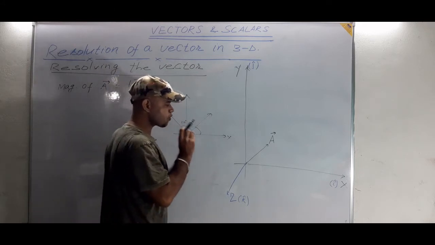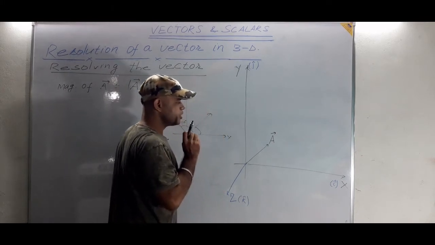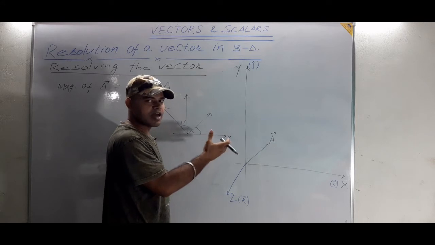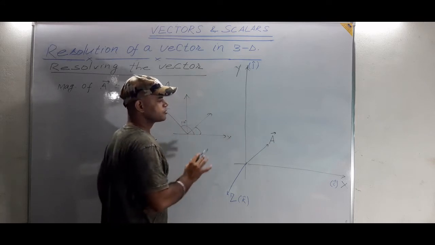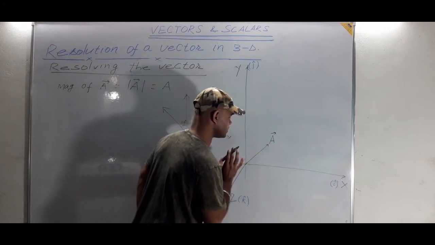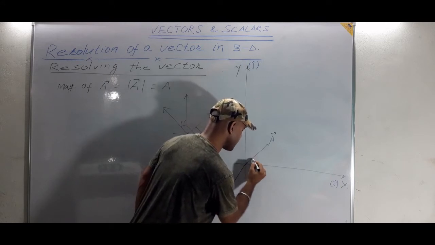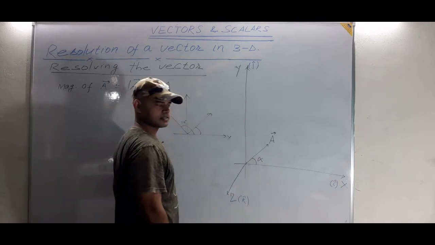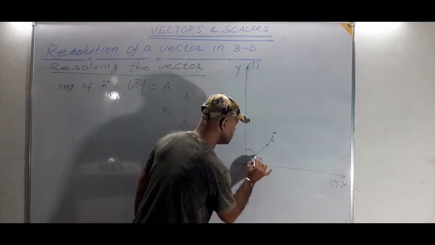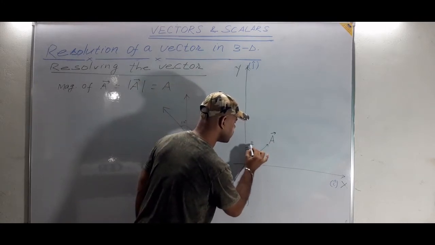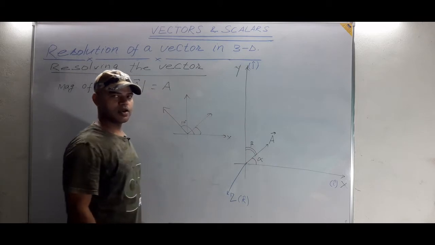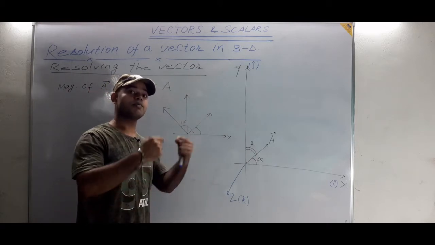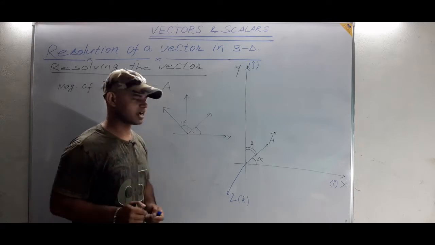Here you will have to write 3 angles to give a unique direction. Since it is a vector, it will have a unique direction, right? So suppose this A vector is aligned at an angle of alpha with respect to positive x-axis, at an angle of beta with respect to positive y-axis. We write all these angles with respect to positive x-axis, positive y-axis, and positive z-axis.